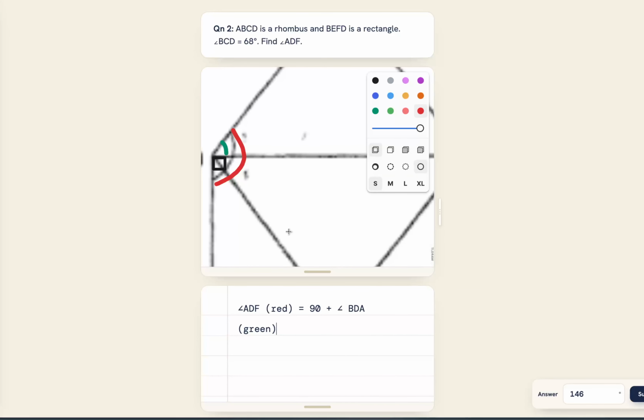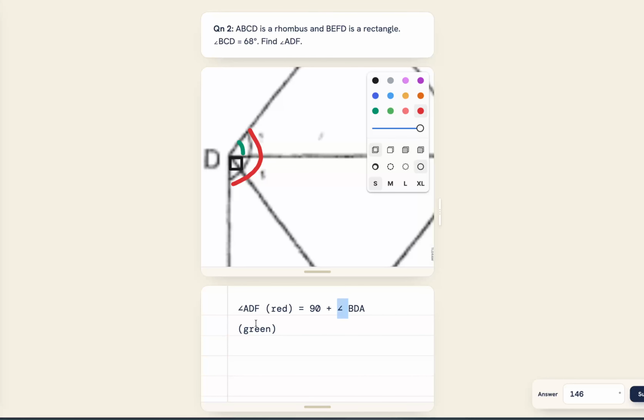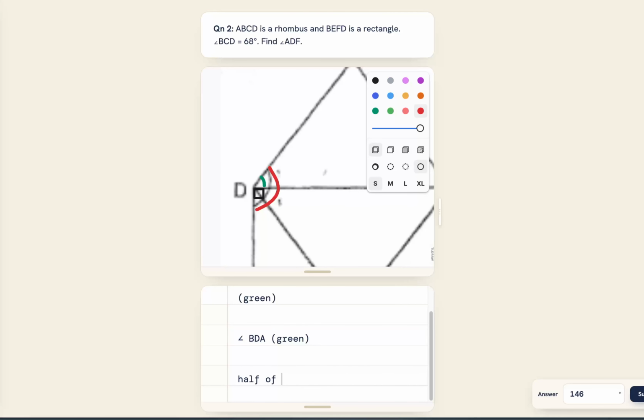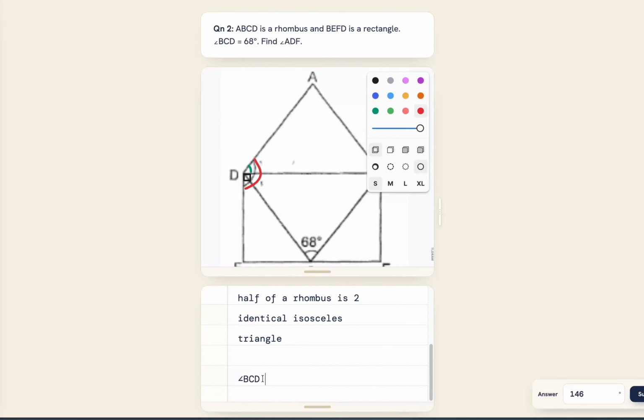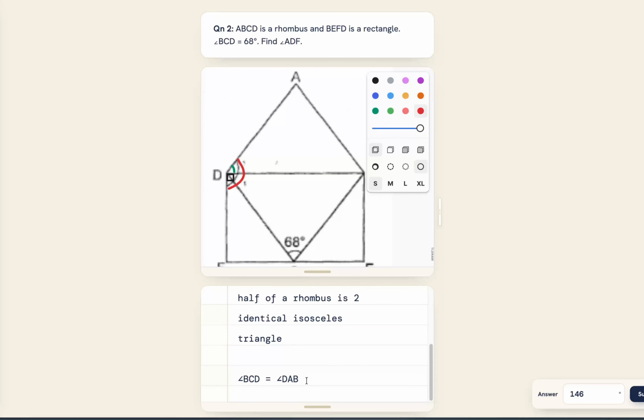So angle ADF is 90 plus angle BDA, which is in green. So how do we get BDA? Essentially, half of a rhombus is 2 identical isosceles triangles, right? So that means angle BCD is equal to angle DAB, which is also equal to 68 degrees.